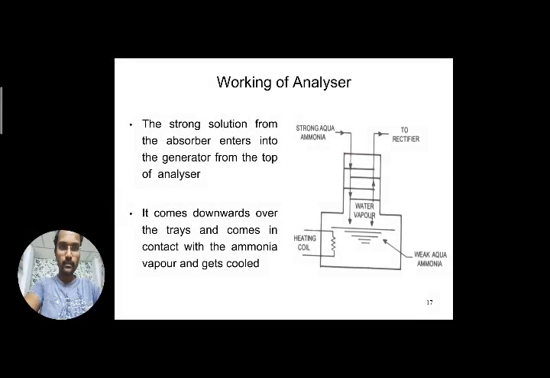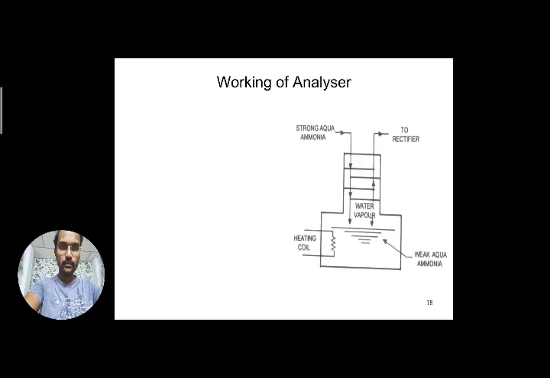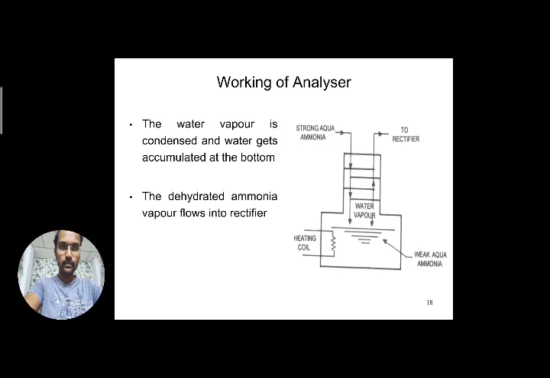During this process the water vapor is condensed due to heat exchange. Here the water vapor condenses and water gets accumulated at the bottom. Again the water droplets will fall to the bottom. So the dehydrated ammonia, meaning the maximum removal of water vapor, takes place here in the analyzer, and the dehydrated ammonia vapor flows into the rectifier through the other connection here.